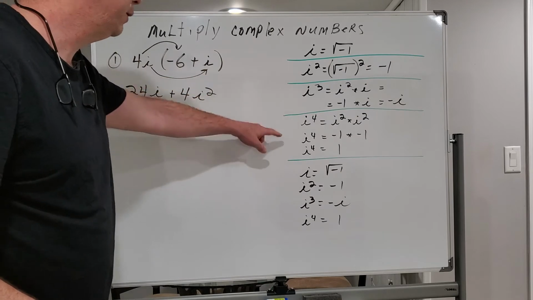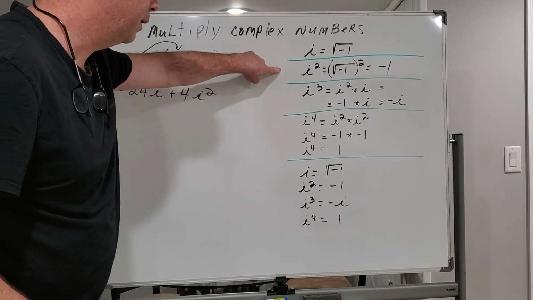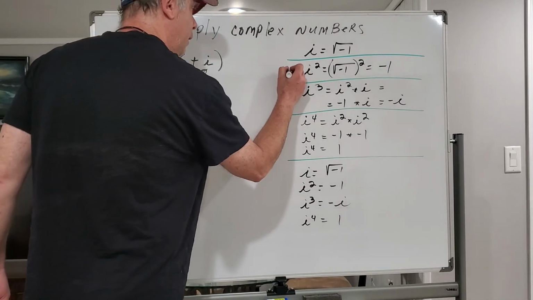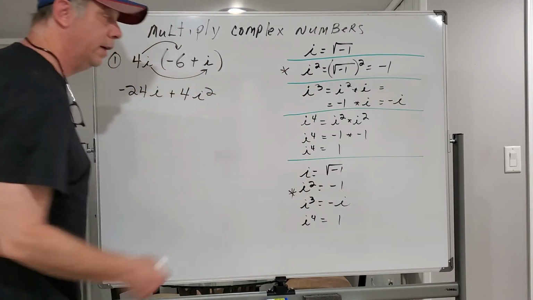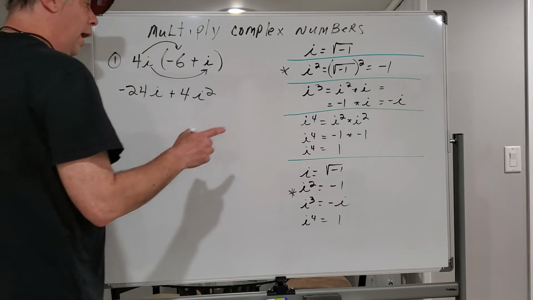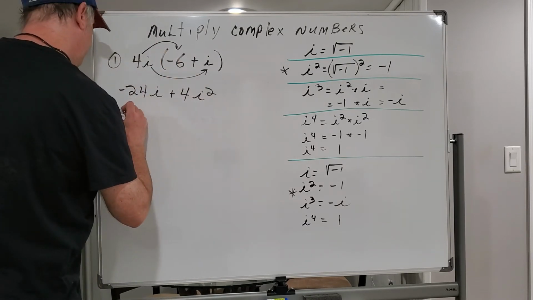Now I can go down to this right here, either in this place right here, to find out about i squared, or my little cheat sheet down here. So i squared is going to be equal to -1.